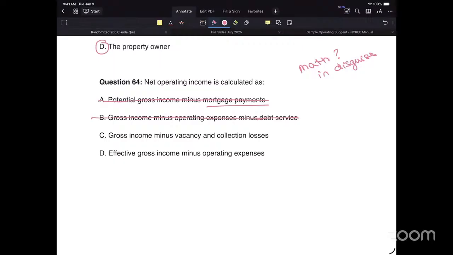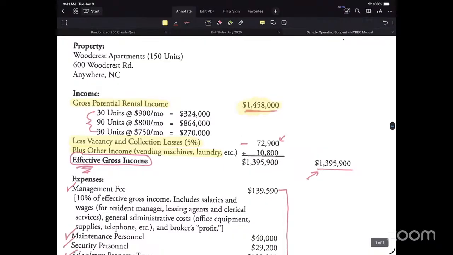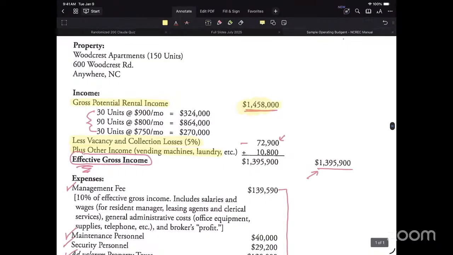Gross income minus vacancy and collection losses. That's not bad. But then you also have effective gross income minus operating expenses. Remember, net operating income has to take into account the expenses. The gross income minus vacancy and collection losses is our effective gross income.